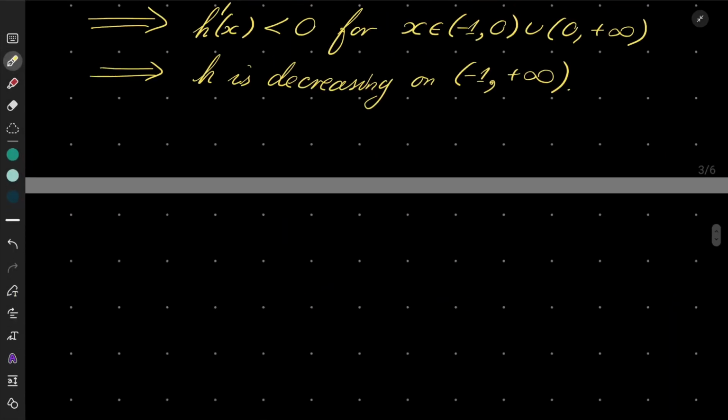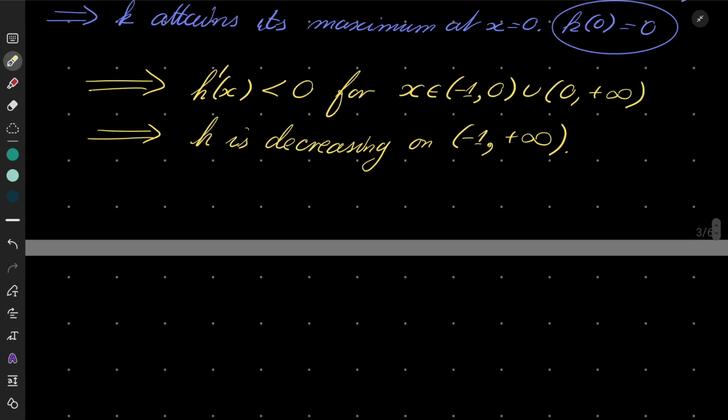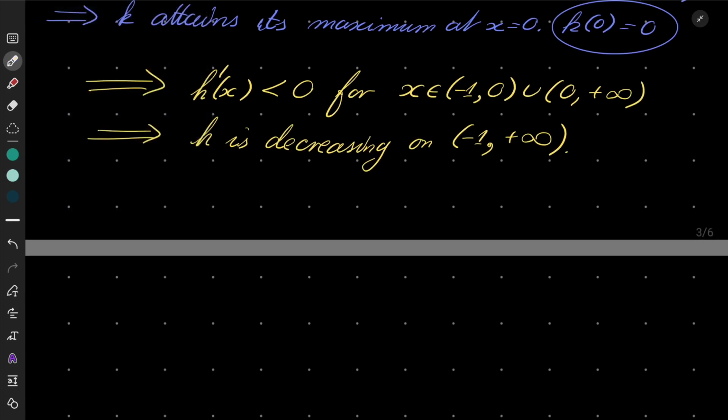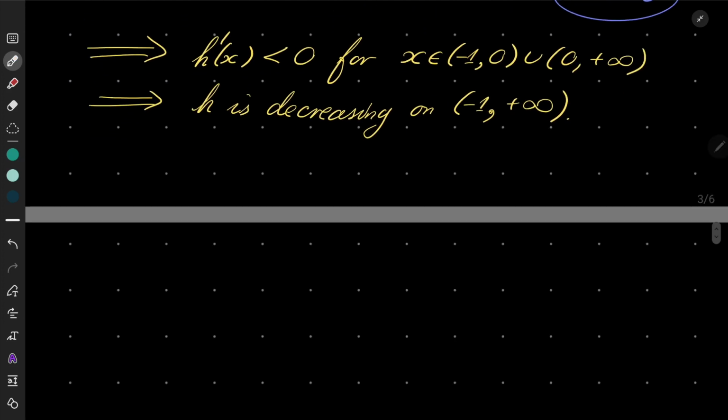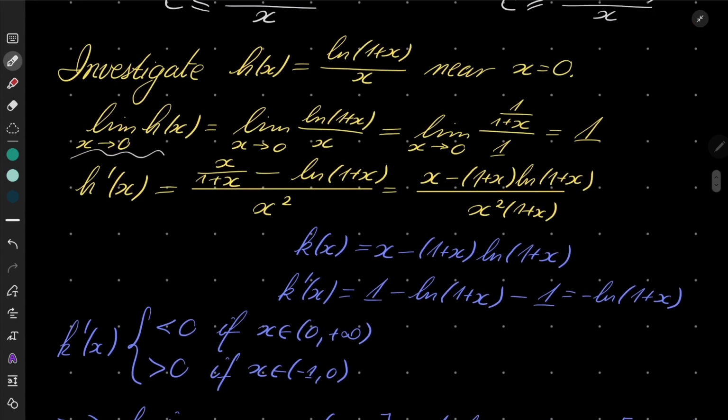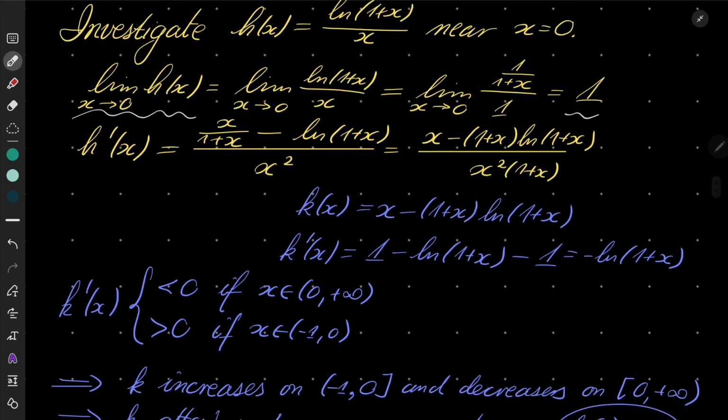Okay. What does it mean? Well, now we can more or less visualize the graph of h near 0. If I have my axes here, x, y, I know that my function at 0 equals 1, and it's decreasing.